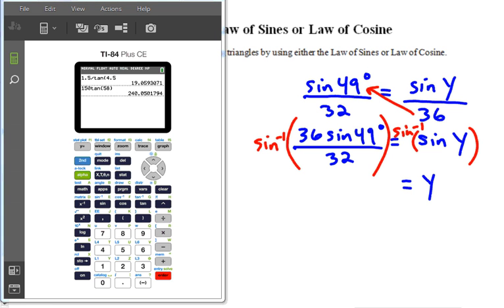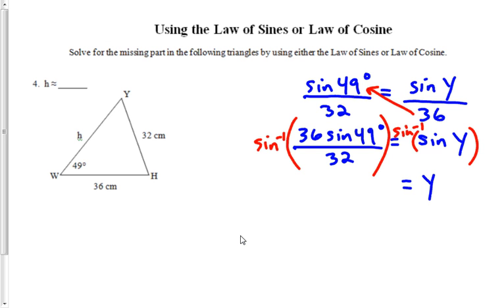So the second sine of 36 sine of 49 degrees divided by 32 equals 58.1. So we'll just call that 58 degrees for angle Y, 58 degrees. So I'll label that over here, 58 degrees.